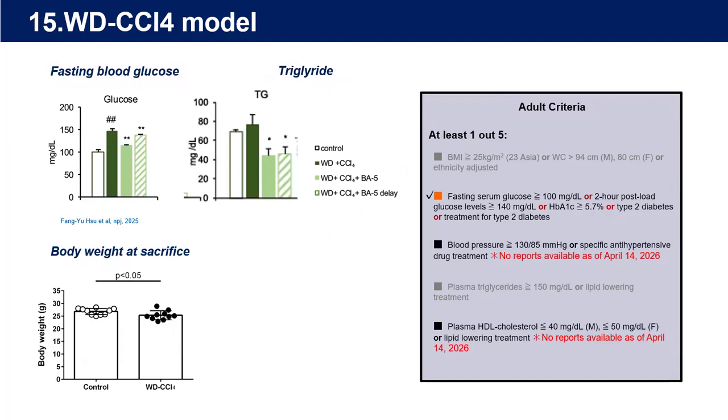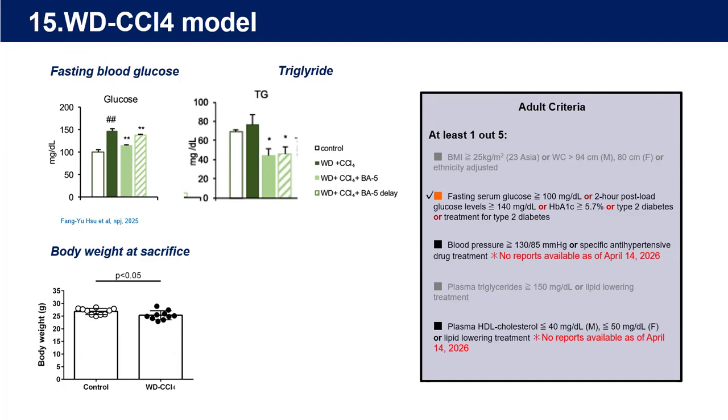Western diet CCL4 model from the perspective of cardiometabolic criteria. This slide illustrates the pathological backgrounds of the Western diet CCL4 model. Fasting blood glucose and other specific parameters are observed. However, sufficient reproducibility has not been reported for multiple cardiometabolic indicators such as blood pressure and dyslipidemia.